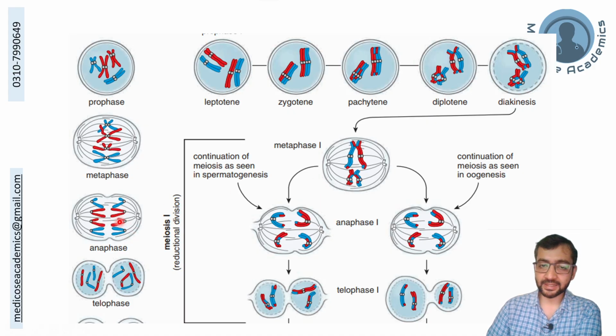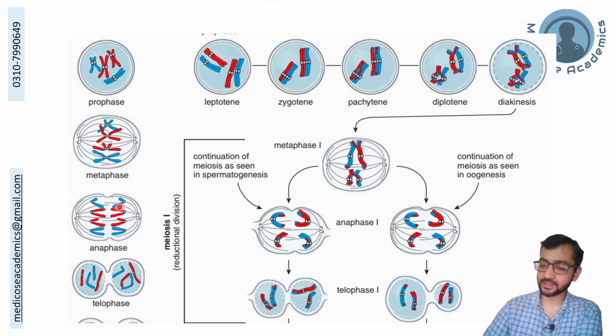In the anaphase, again, there is a difference. In mitosis, the division occurs at the centromeres and the sister chromatids separate. In the meiosis anaphase, the separation occurs between the homologous chromosomes. The duplicated chromosomes with sister chromatids remain intact.